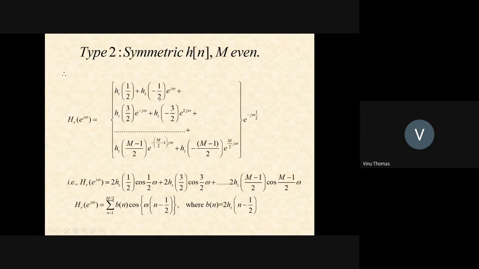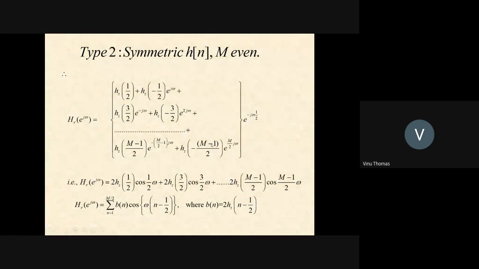Now h(-1/2) is originally at the index -1, so it has to be multiplied by e^{jω}. H(3/2) is originally at the index 1 and therefore it is multiplied by e^{-jω}. And h(-3/2) is originally at the point -2 and therefore multiplied by e^{2jω}, plus etc. And h((M-1)/2) is originally at the index M/2 - 1 and therefore multiplied by e^{-jω(M/2 - 1)}.